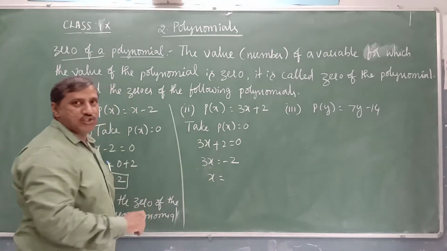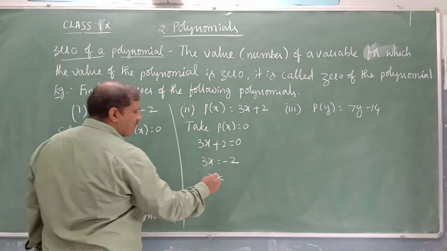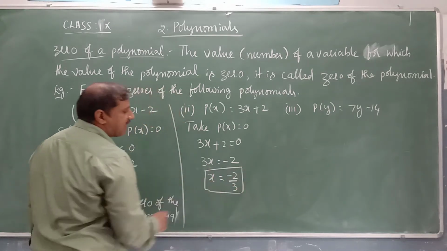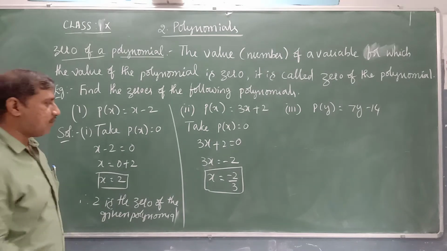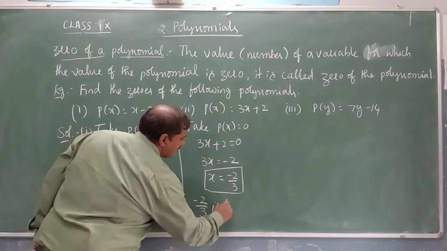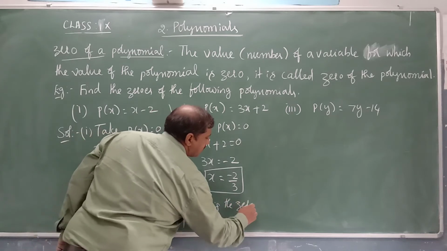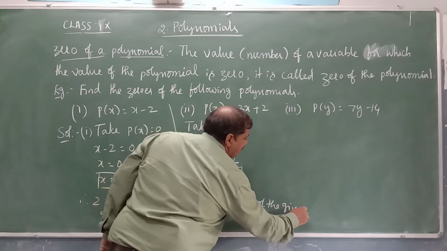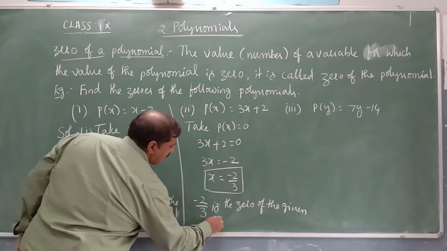When we transpose to the other side, it divides. Therefore, it is minus 2 by 3. x is equal to minus 2 by 3. So, minus 2 by 3 is the zero of the given polynomial.